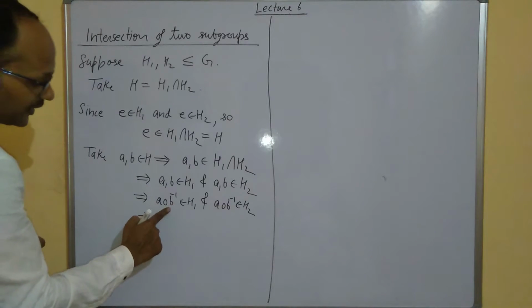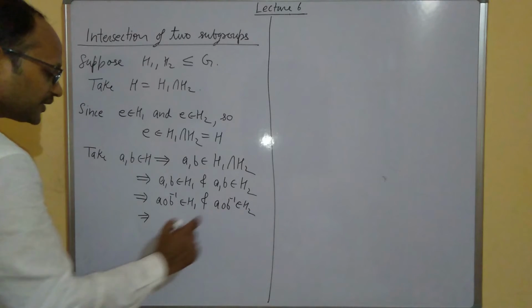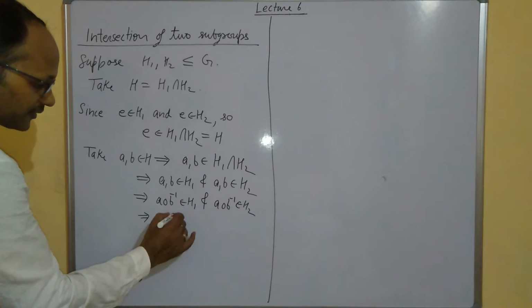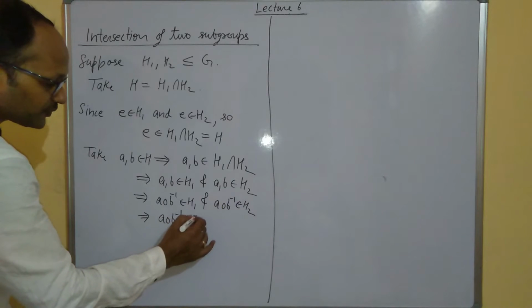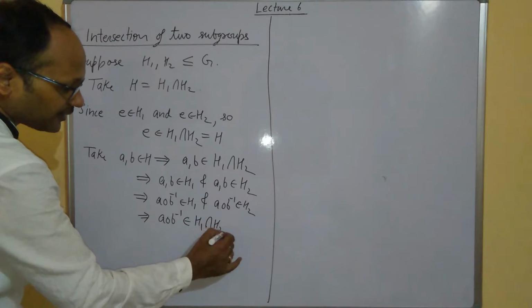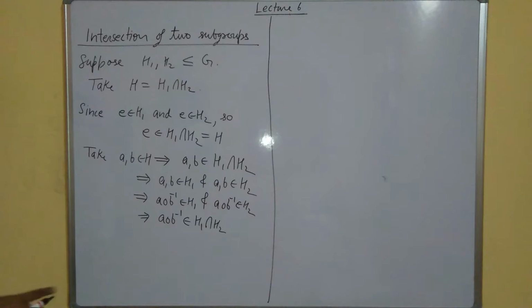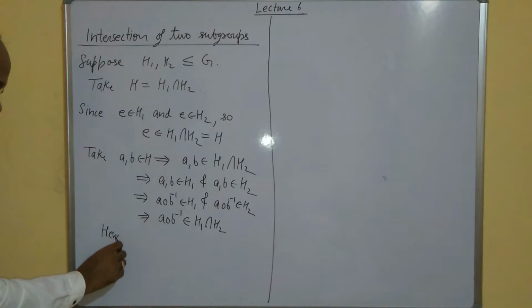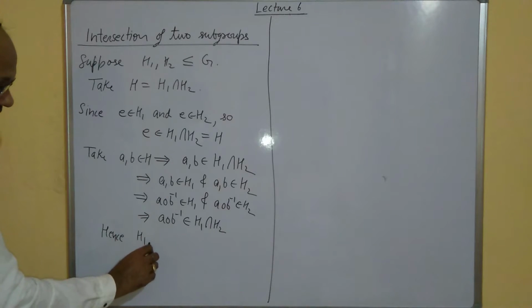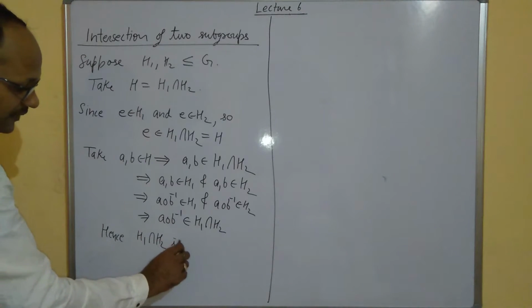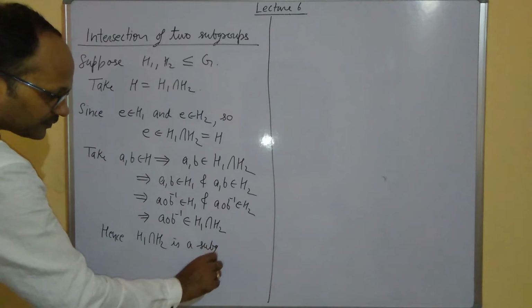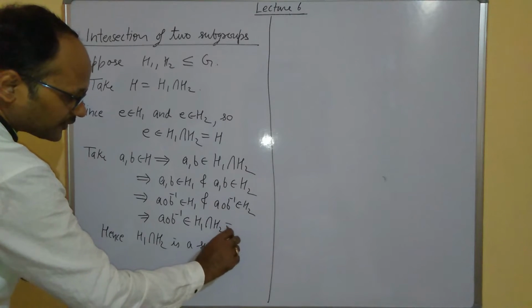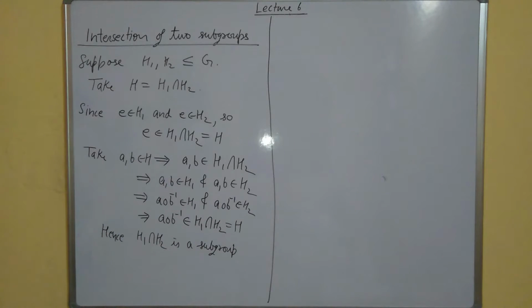Because a composed with b inverse is in both sets, it belongs to H1 intersection H2. Hence H1 intersection H2, which is equal to H, is a subgroup. So the intersection of two subgroups is a subgroup. If I take two subgroups and take their intersection, then it is again a subgroup.